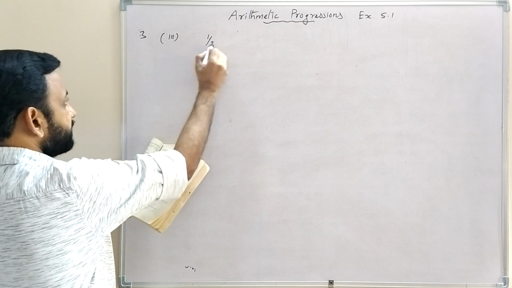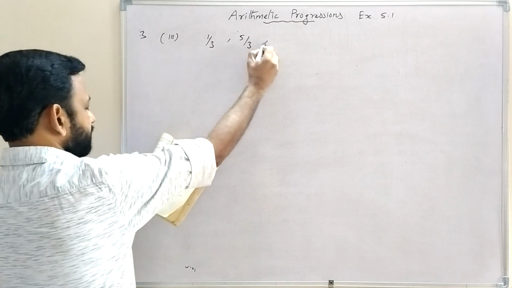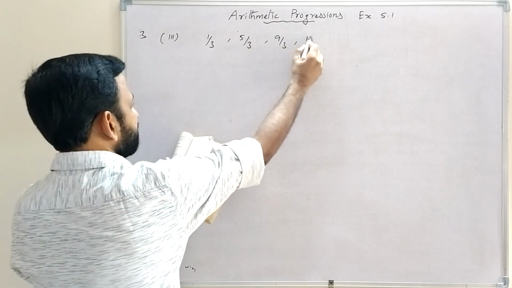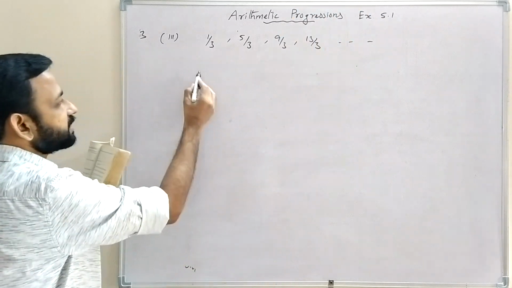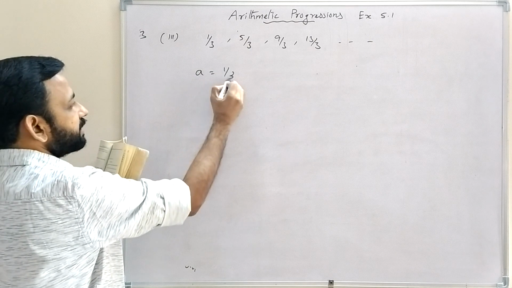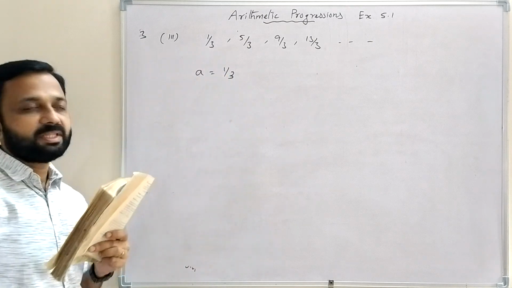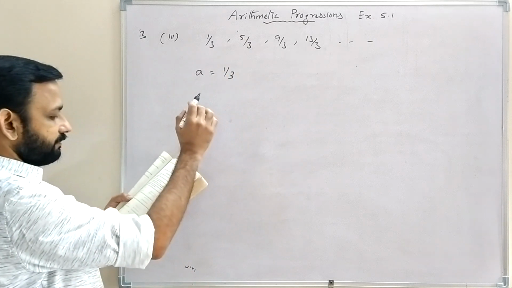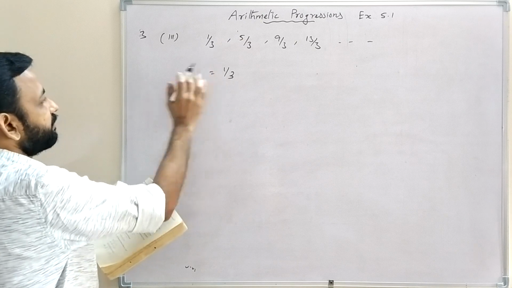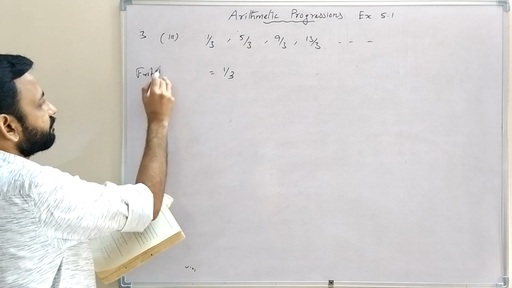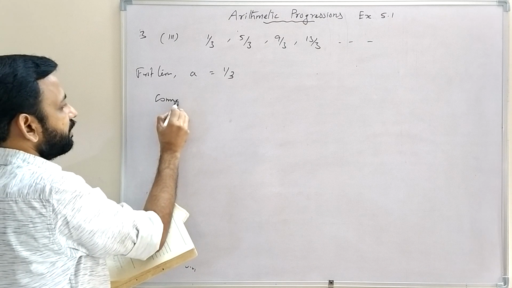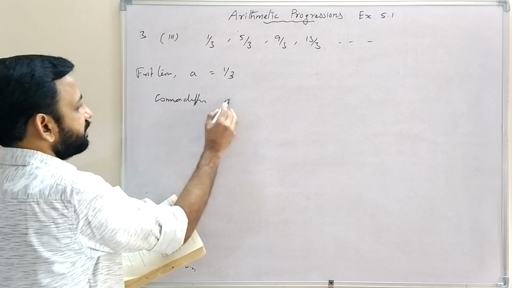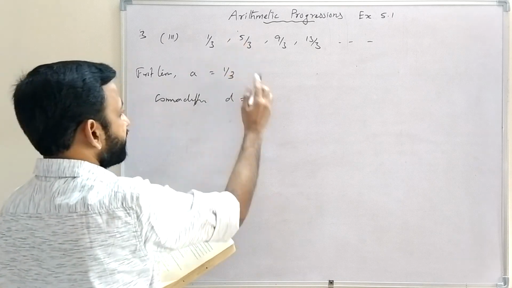The AP is given: 1 by 3, then 5 by 3, 9 by 3, 13 by 3, etc. It's given that it is an AP. So the first term, a, is equal to 1 by 3. Then the common difference d is equal to a2 minus a1.